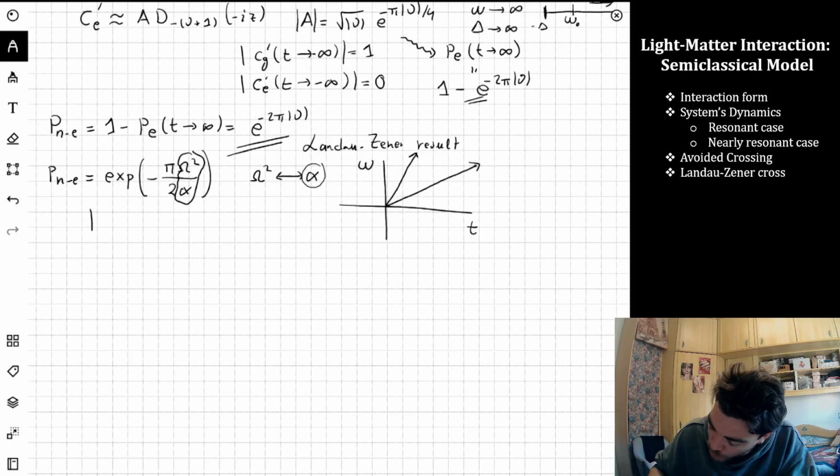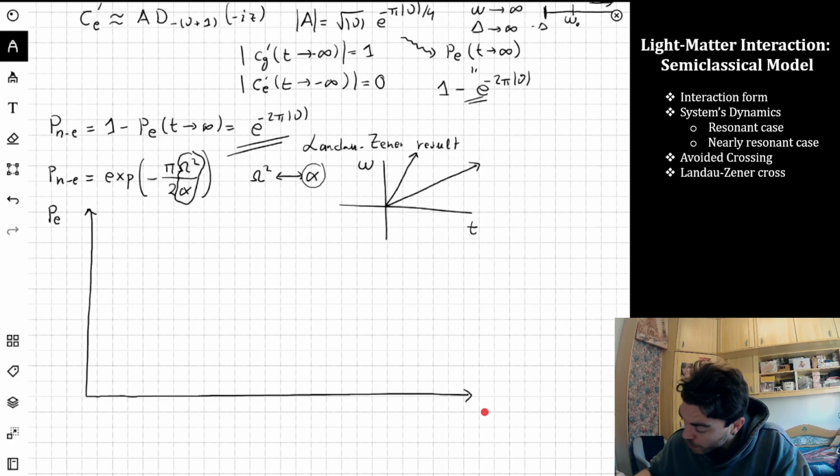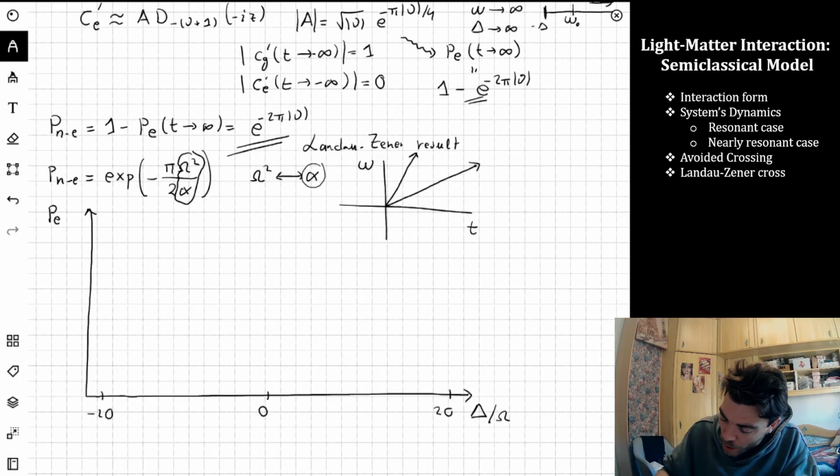And so, just for showing you how this looks like, we can plot using the parabolic cylinder functions that I showed you before. This is delta, so this is delta equals 0. This is delta over omega, this is, let's say, 20, and this is minus 20 as I wrote it here, and this is, let's say, 1.